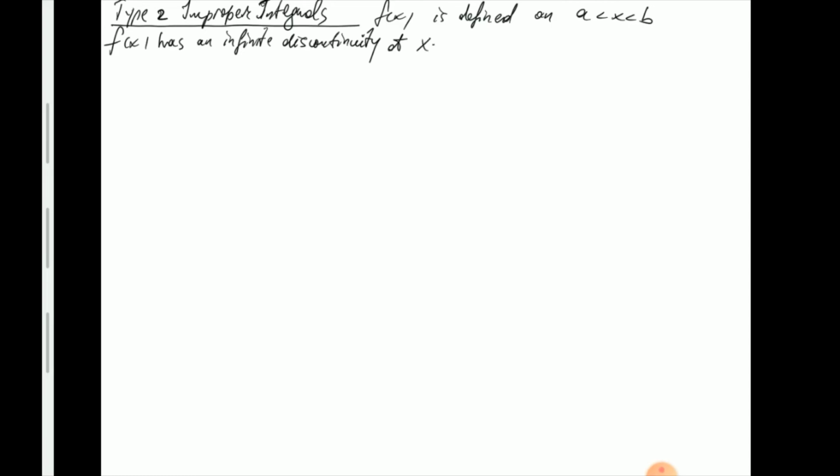So let's say the function f of x is defined on an interval a, b, and let's say that f of x has an infinite discontinuity at x equals b.